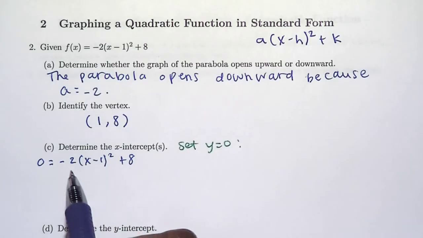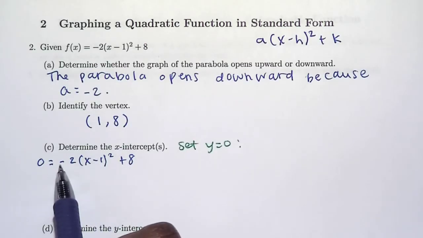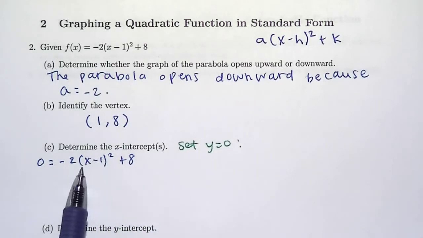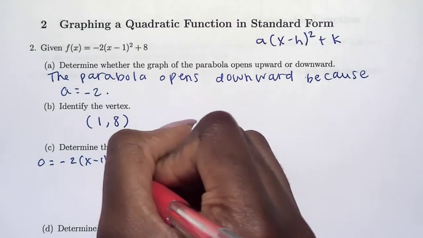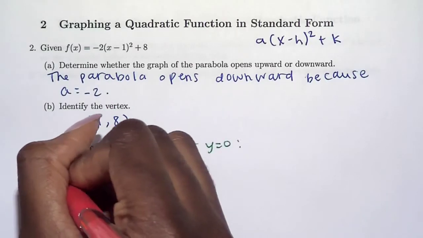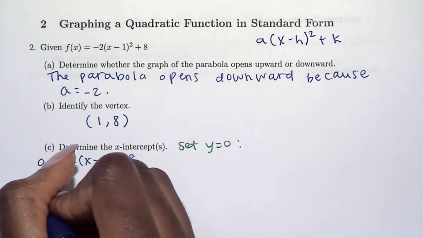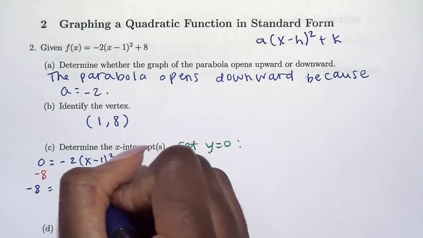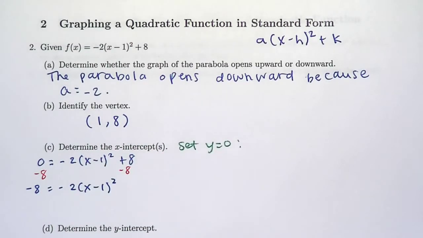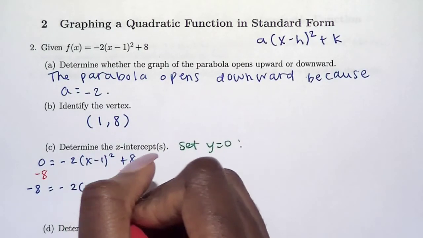You could FOIL this out and distribute, but it's easier if you just solve here. So I'm going to subtract the 8 from both sides. Then I'm going to divide both sides by negative 2.